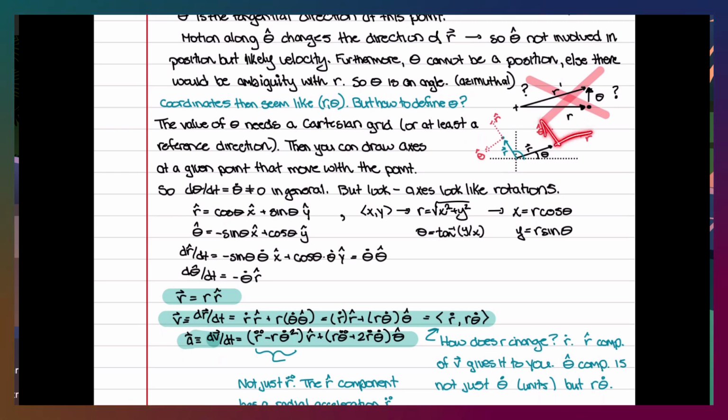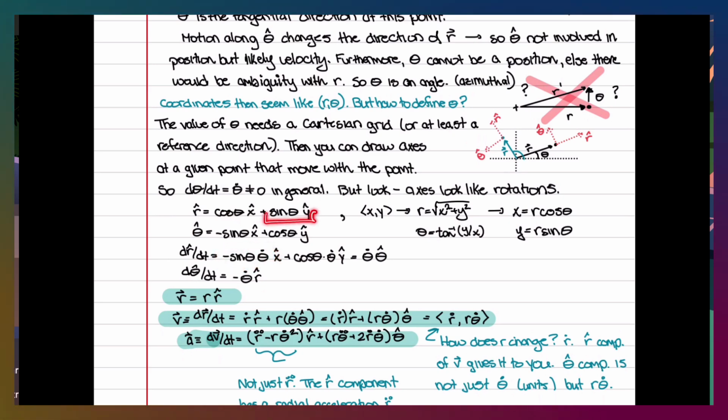Here, since the axes move, when you take the derivative of this unit vector, the cosine becomes negative sine, but then it's a time derivative, so it pops out by the chain rule, theta dot. And then, of course, the derivative of x hat is 0. So once you do the product rule of this, it just becomes that.